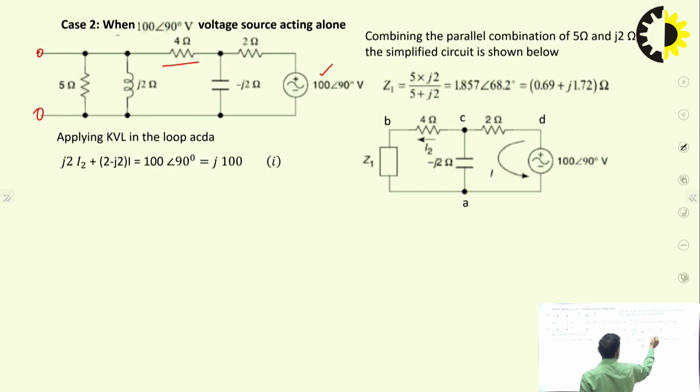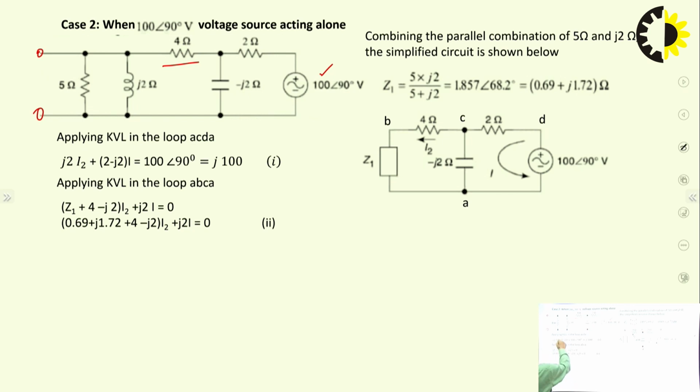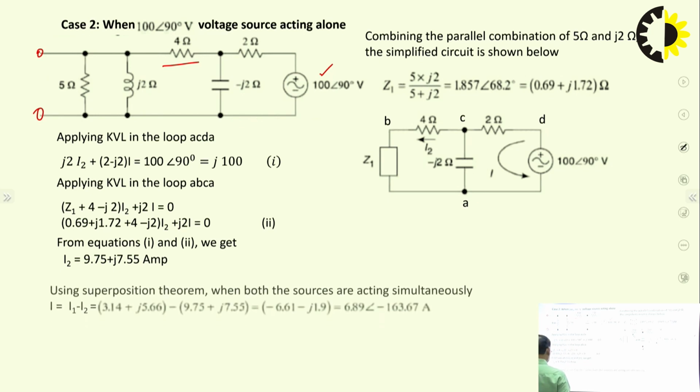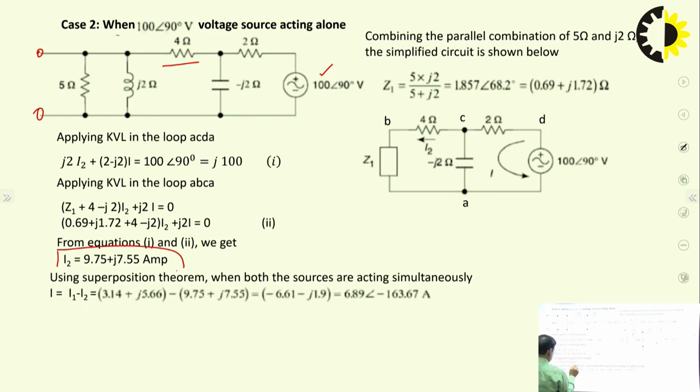There are just two loops, so write two KVL equations in these two loops. On simplification we can get I2, which is flowing in this direction, from B to A, whereas while considering the current source, the current was flowing from A to B. That is why we take I1 minus I2, an algebraic summation.